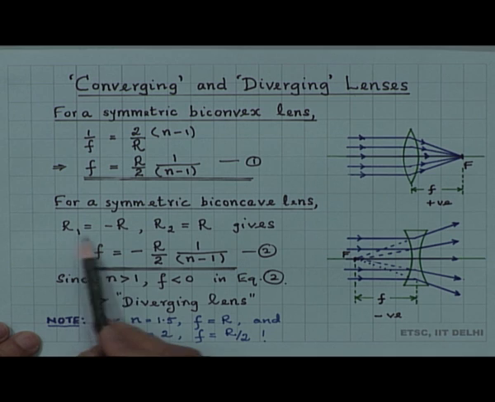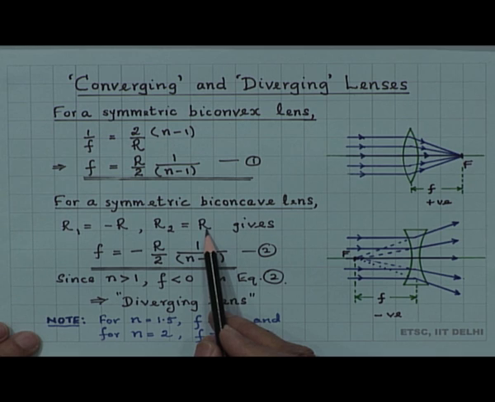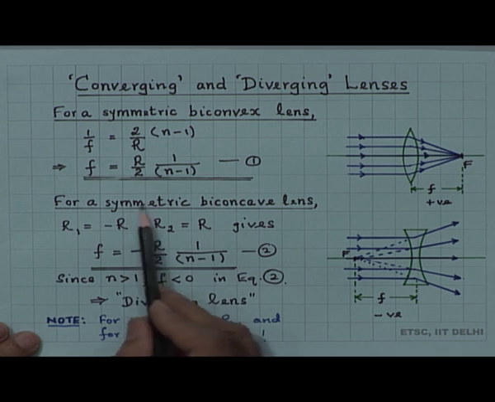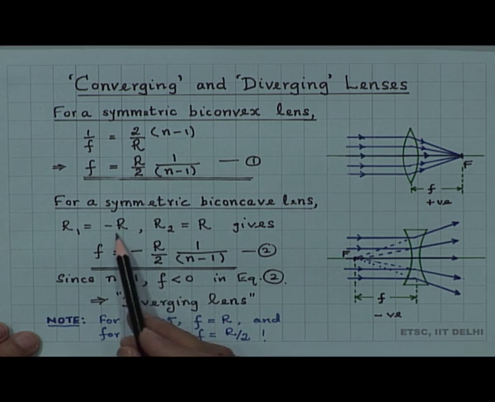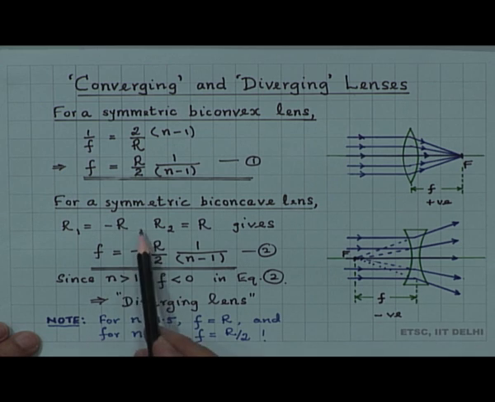So, R1 is equal to minus R, both R1 and R2 have magnitude equal to R because it is a symmetric lens, but R1 is negative and R2 is positive, and therefore f is equal to minus R by 2. So, this R is now a magnitude only, because the negative sign has been taken into account.